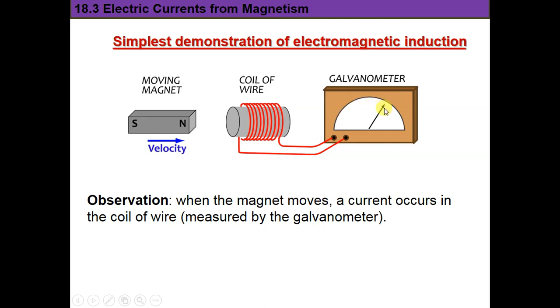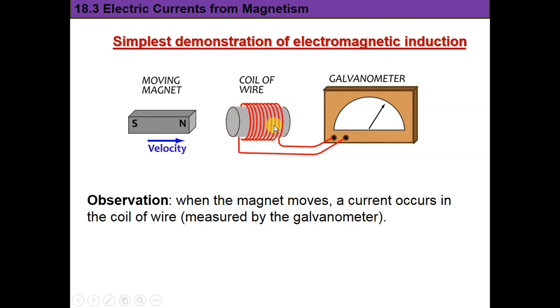It will rotate, so it's showing a specific number, a reading. This reading is for the current. So by just moving this magnet inside our coil, the galvanometer shows that there is a current now produced. That's why we call it an induced current.